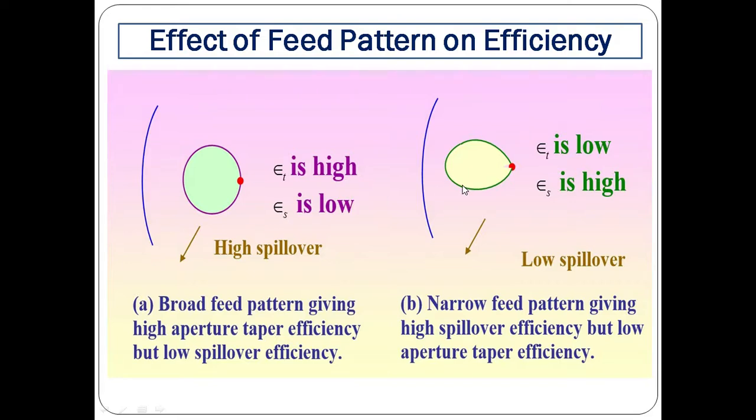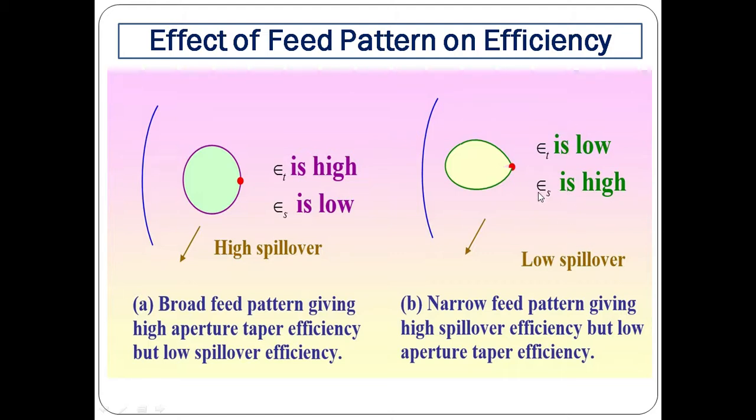Similarly, if a feed produces a narrow feed pattern giving low spillover, that results in high spillover efficiency. The high spillover efficiency also results in a low aperture taper efficiency. Both are inversely proportional.